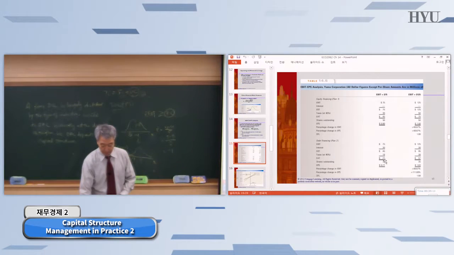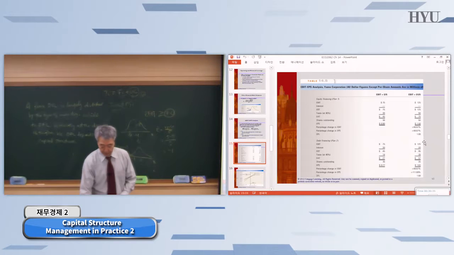In other words, they have a tax saving. If you divide 27 by 35, the number of outstanding shares, earnings per share comes out to be 77 cents per share.